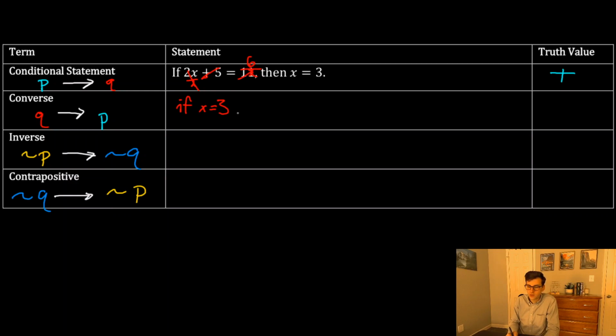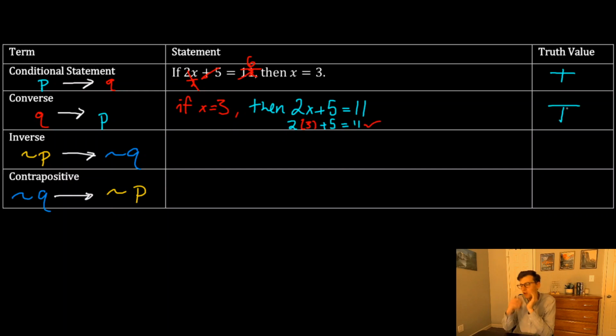If x is 3, then 2x plus 5 equals 11. Well, if we plug in 3 here, 2 times 3 plus 5 equals 11. That's 6 plus 5 equals 11. That is true, right? So this is true. Oh, that's pretty interesting. Those are both true.